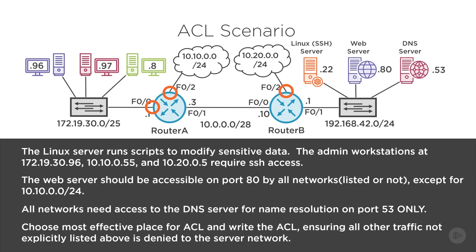Because if we applied it as close to the source as we possibly could, we would have to write 3 separate unique access control lists and manage those separately, so that anytime there is a change on our server subnet, we're not modifying 1 ACL, we're modifying 3. This is terribly inefficient, and it's another case where Cisco's rule creates an inefficient, messy, and inappropriate use of our access control list.